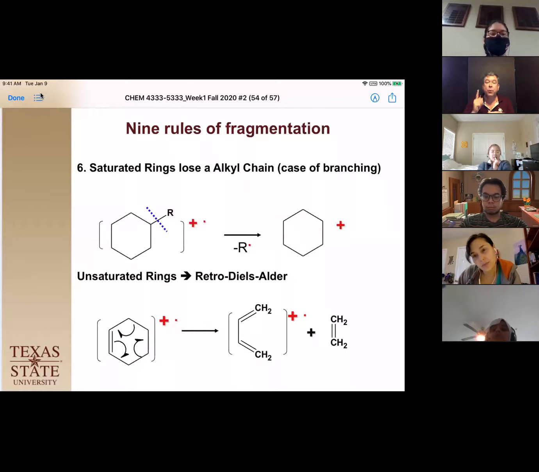If you have at least one double bond, it can undergo a retro-Diels-Alder and snap apart into a diene and a dienophile, so butadiene plus an ethylene will come out. This is also really common, but it only happens if you have one or two double bonds in your ring. If you have three double bonds in your ring, that's a benzene, and that's much more stable. So it's an unsaturated ring, but not benzene.